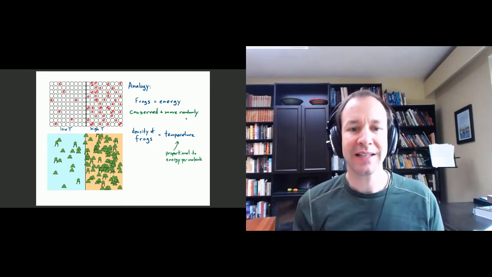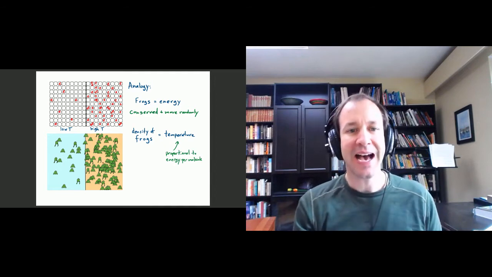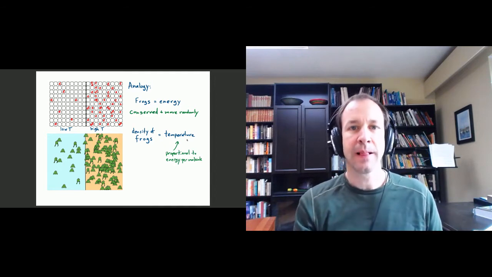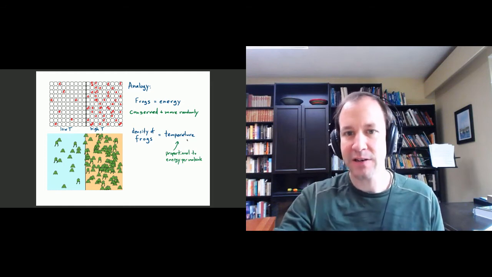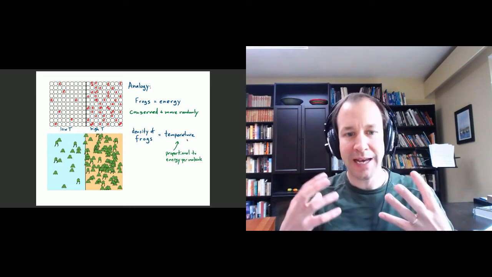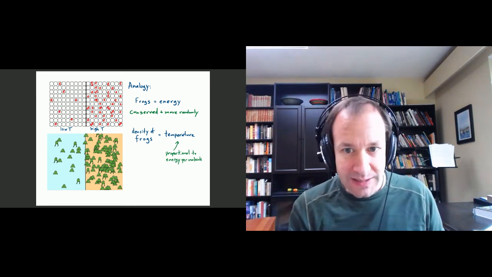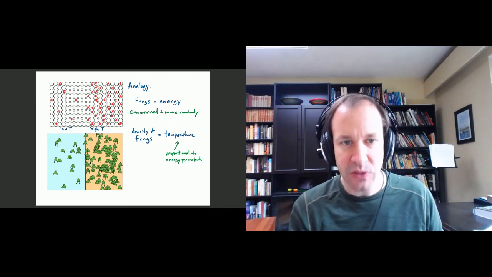The analogy with the number of frogs or the density of frogs is that that would correspond to the temperature. Because remember, temperature is a measure of the amount of energy per molecule. And so in that case, it's like the density of these little e's, which are say units of some unit of energy.